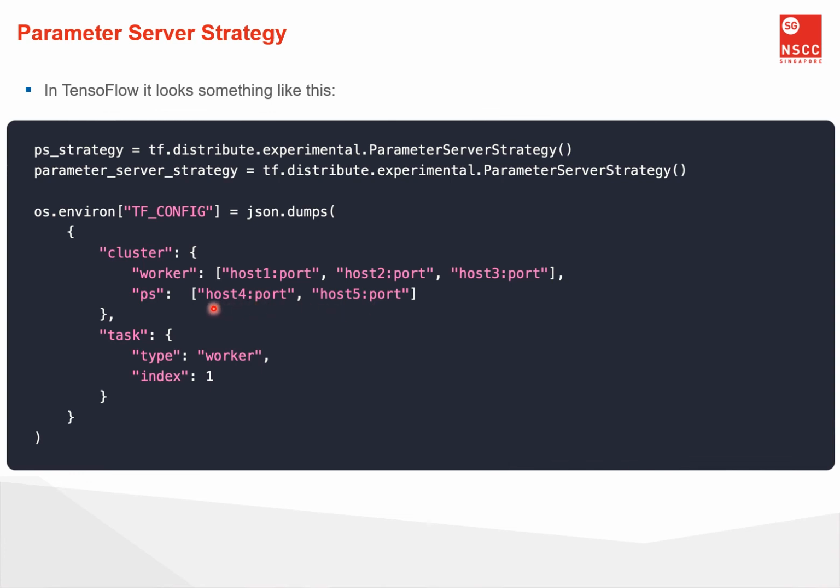Typically, one of them is the main one, and then we may have more as a backup in case the main one fails. It is centralized, so it's a single point of failure. So it's good to have a backup parameter server. And lastly, we also have the task definitions of what we're going to do in each of these worker nodes.